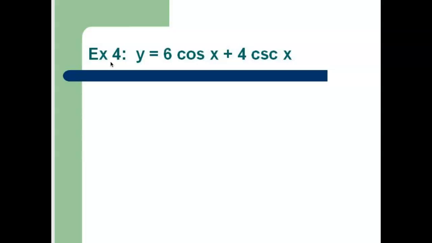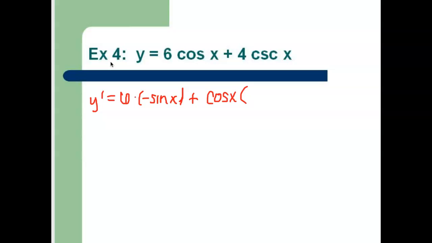And then example 4, y prime. So once again, you have 6 cosine x plus 4 cosecant x. 6 times derivative of cosine is negative sine, plus cosine times derivative of 6.